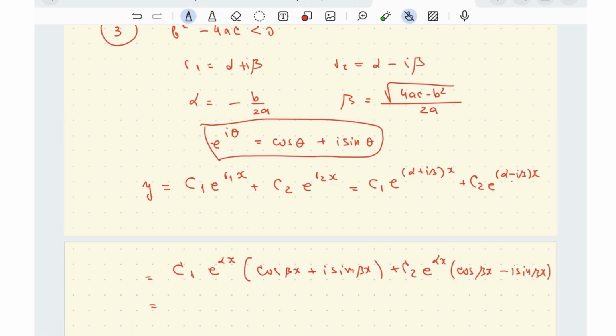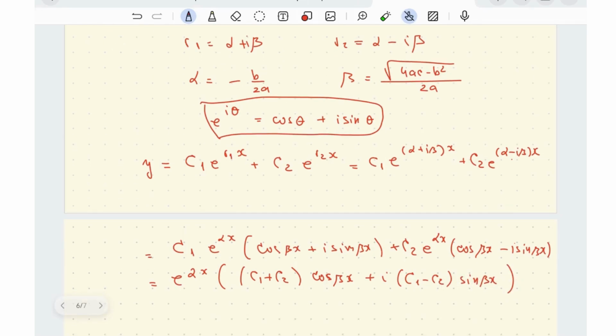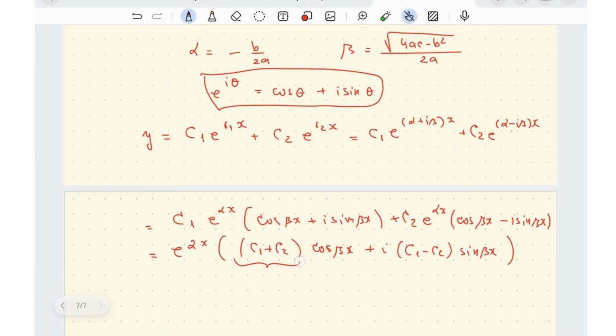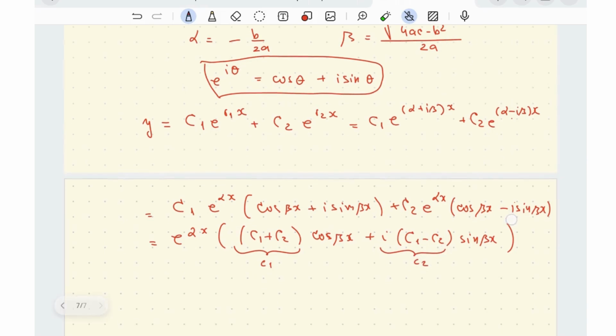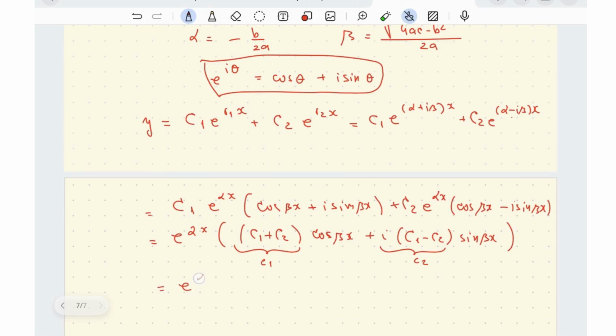We can rearrange that, that will be (c1 plus c2) cosine beta x plus i (c1 minus c2) sine beta x. And now we put this as some c1 and this we put as some small c2, so the final form is c1 cosine beta x plus c2 sine beta x.